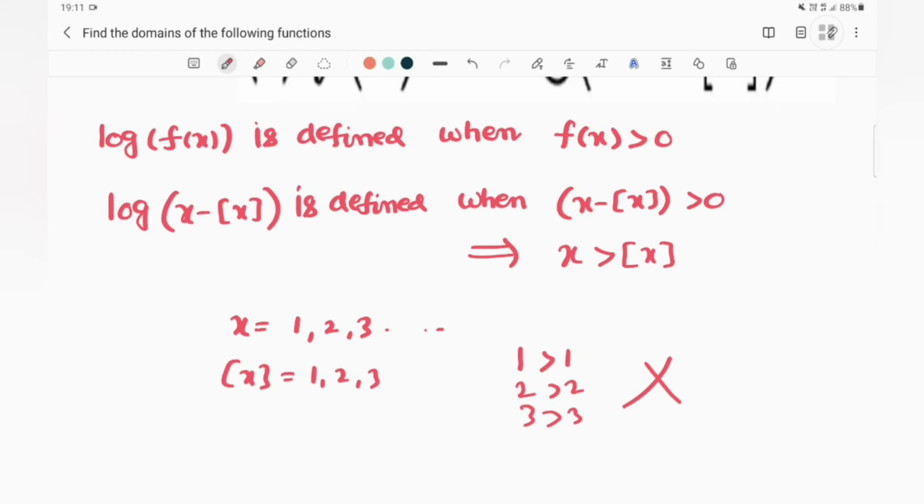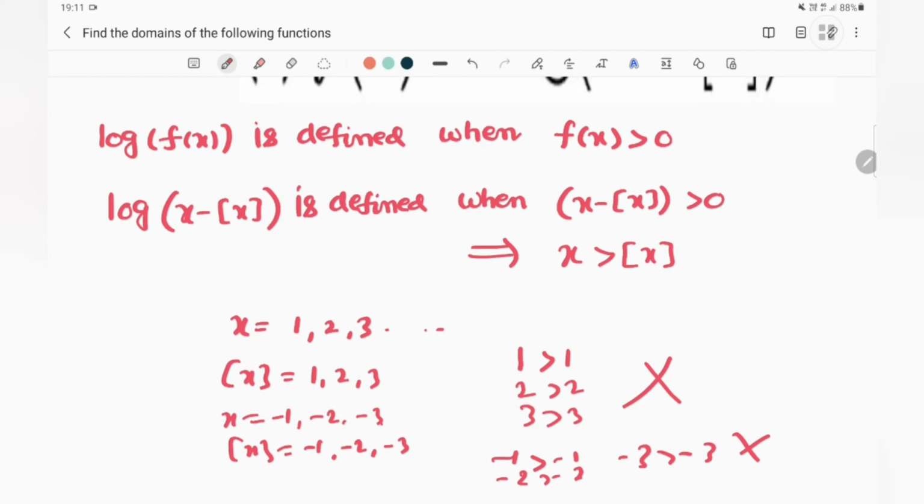That means for integers it is not possible. 1, 2, 3 and so on, these values are integers. Even if you want to take x as minus 1, minus 2, minus 3 and so on, step x values also: step of minus 1 is minus 1, step of minus 2 is minus 2, step of minus 3 is minus 3. Here, minus 1 is greater than minus 1, minus 2 is greater than minus 2, minus 3 is greater than minus 3 is meaningless. So, because of this reason, x is not an integer here.